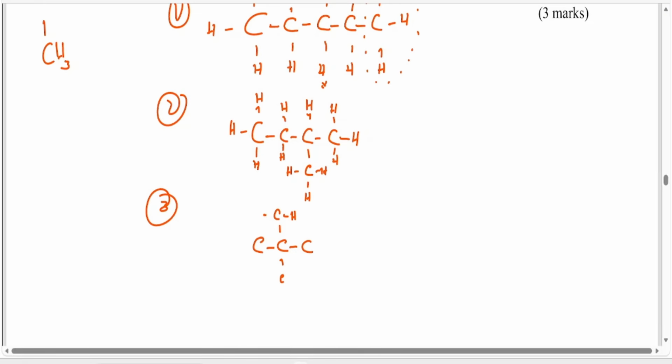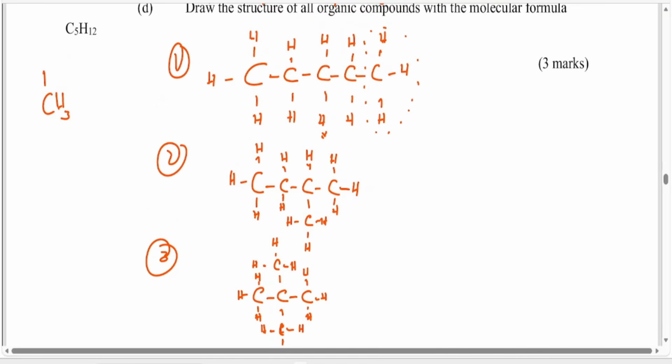Then I have the hydrogens of the branches. And this one becomes 2,2-dimethyl propane. You're not required to name like it, but we can still name for clarity.